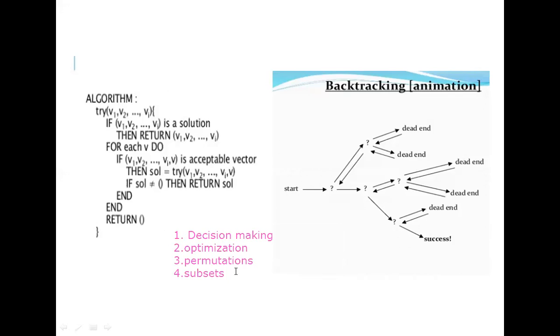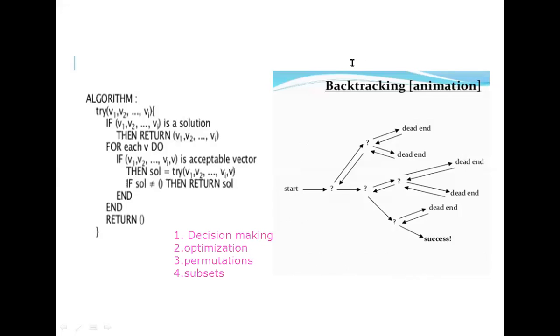So in decision making, we previously saw that there is a map in which we have to find which way to move. That is the example of decision making. Then optimization.